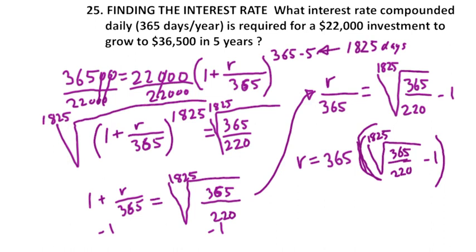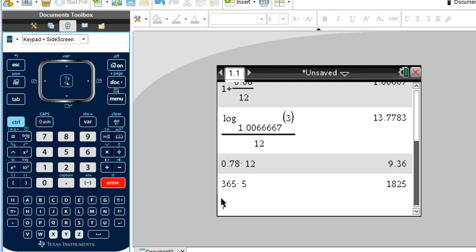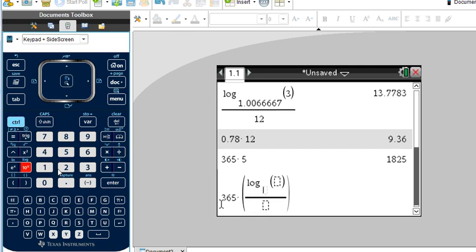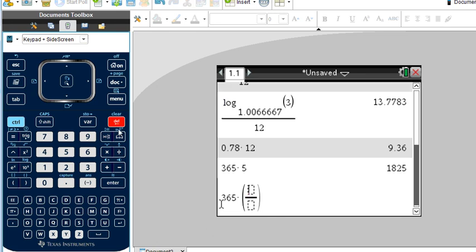So let's go ahead and do that in our calculator. We have 365 times, open parentheses, we'll get our division here. We have our root, oops, I got the wrong way here. Let's see, there we go.